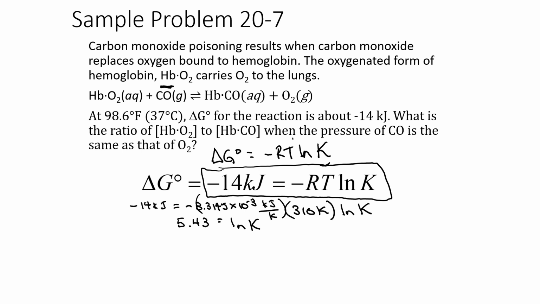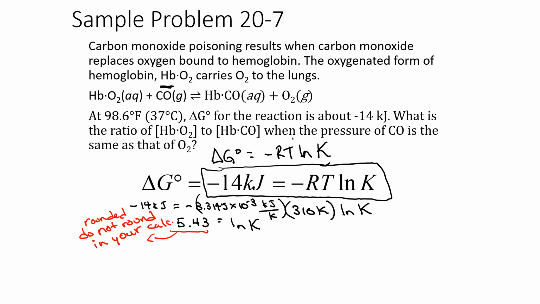Please note that this number, this 5.43, is rounded. Do not round in your calculator. Use whatever value they put in there. Whenever you're doing the natural logs of stuff and then you've got to get rid of that by doing e to the whatever, if you round at all, it can get off by huge factors.